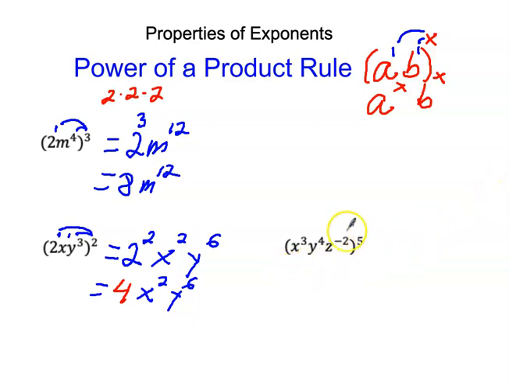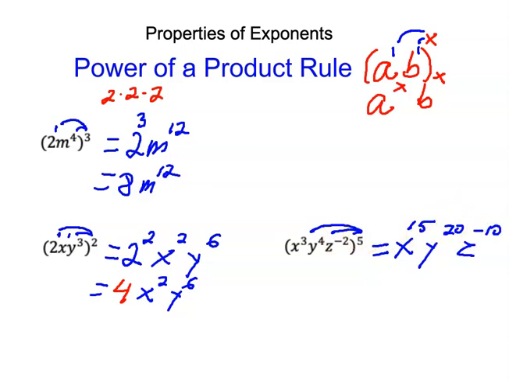And sometimes we have negative exponents, so let's just evaluate this problem here. Again, what we're gonna do is distribute the exponents. Basically, we are multiplying the exponents, and we're gonna end up with x, 3 times 5 is 15th power, y, 4 times 5 is 20th power, and z, negative 2 times 5 is negative 10th power.